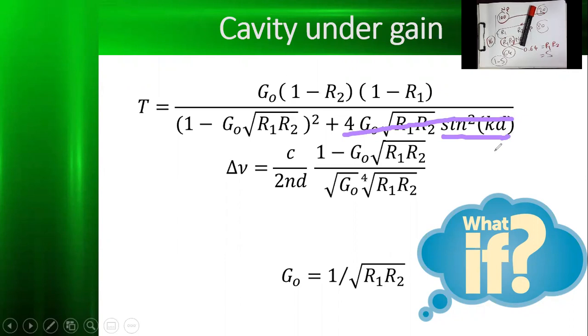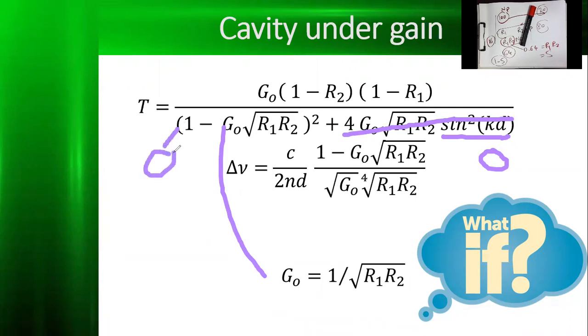So this is a 0 term, we can ignore it. Now, G node equals 1 over root R1 R2, which means that G node times root R1 R2 will equal 1, and 1 minus 1 equals 0. So you have 0 plus 0, which is a 0 in the denominator. That means that your transmission tends to infinity.